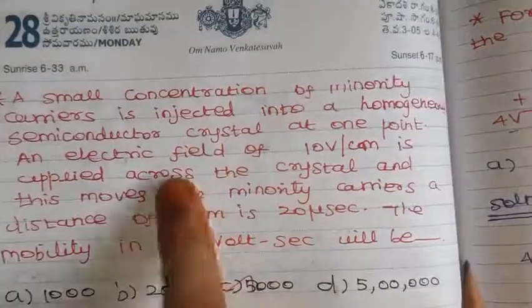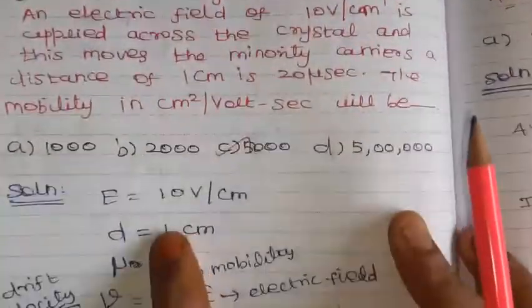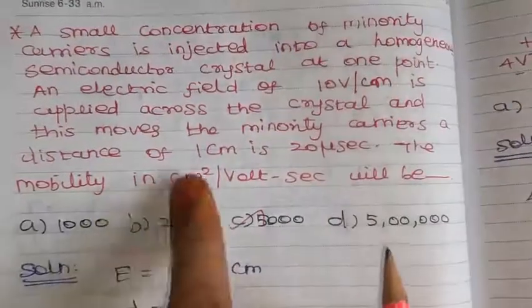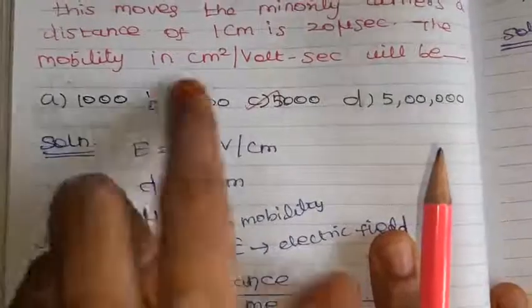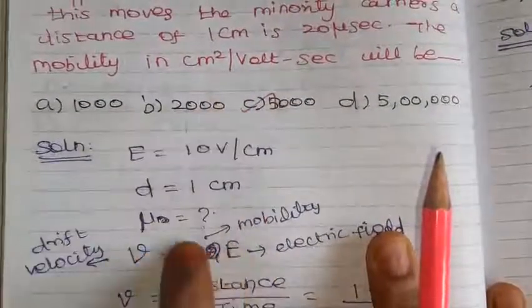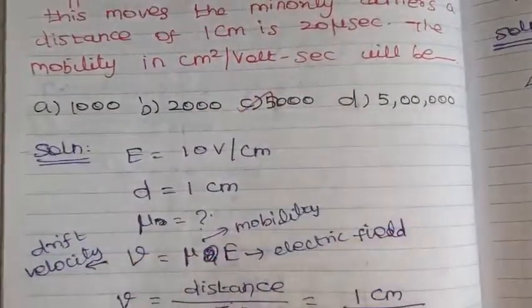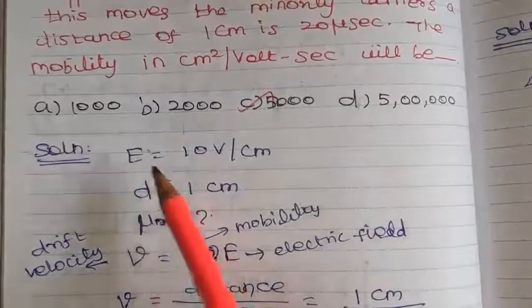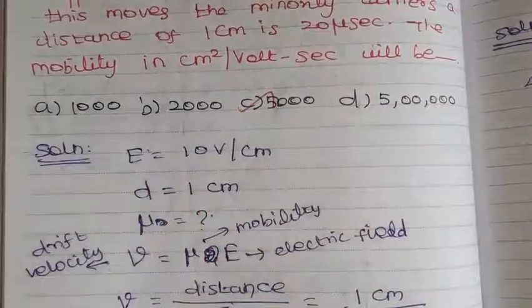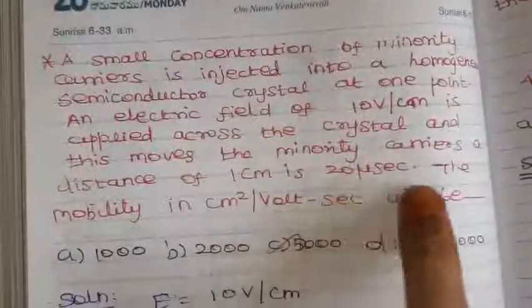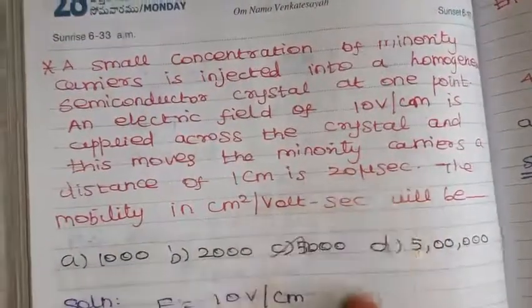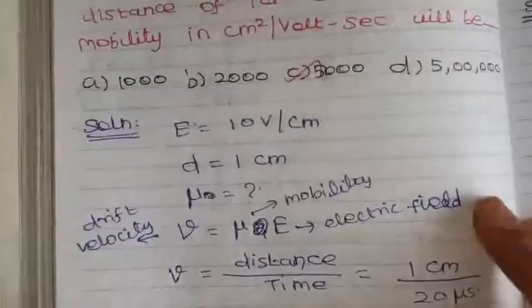So what is given? The electric field value is given, the distance is given. We need to find out the mobility value, right? Time is also given.